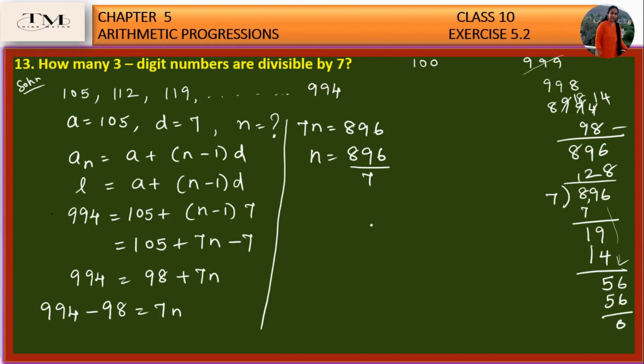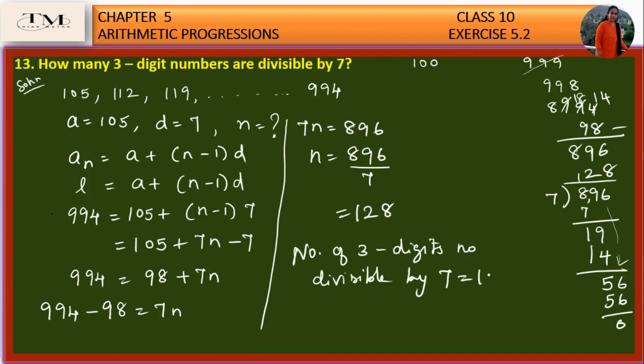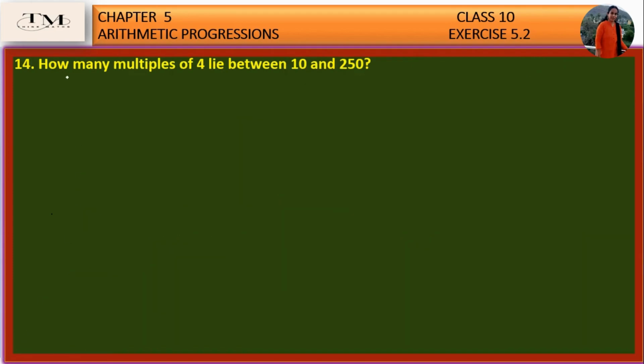So 0. So we get 128. So the number of 3-digit numbers divisible by 7 is 128. Okay, I hope you can understand this. So let me go to the next problem.